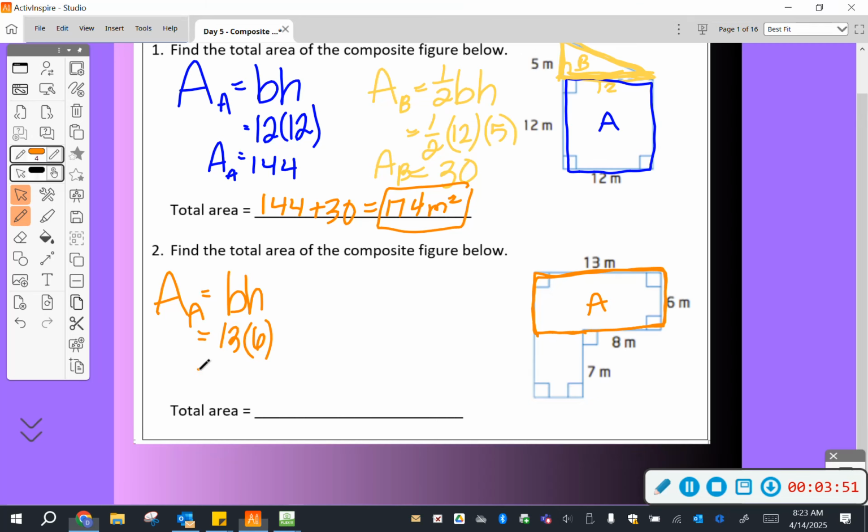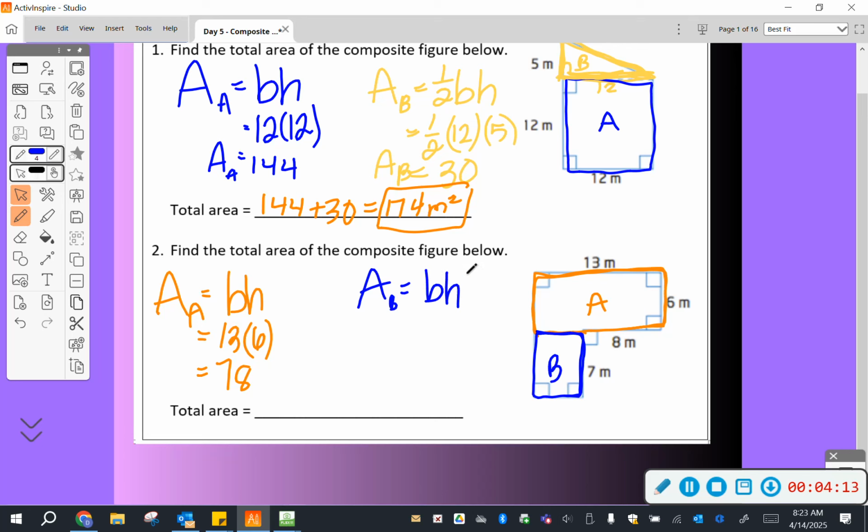That is 78. What's the other shape here? A rectangle again. And we'll make this shape B.